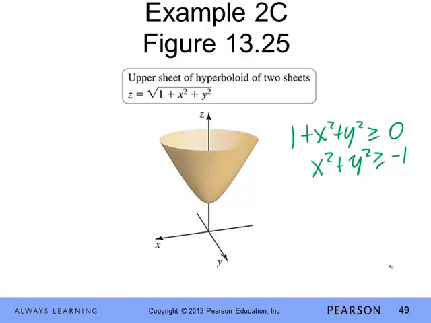But regardless of what x is and regardless of what y is, x squared plus y squared is always going to be at least 0. So still, for this particular function, all of R2 would be the domain.